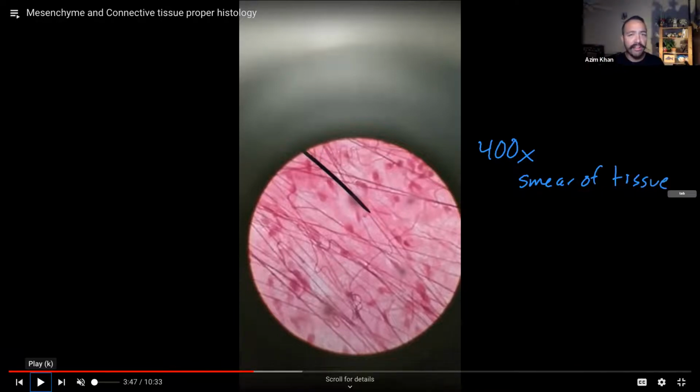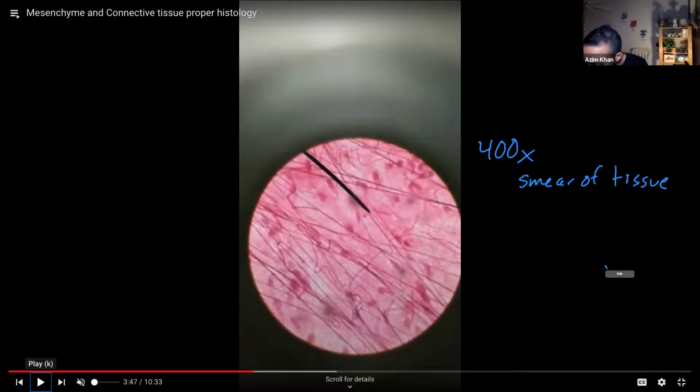If you look back through my histology playlist, you'll see how to prepare different types of tissues. One way to prepare tissue is to just take a slice of it and put it on the microscope. Another way is to take that tissue, smear it, and then put it on the microscope. Smearing lets you see things that would normally be in different planes all on the same plane. So now we can see these fibers a lot better.